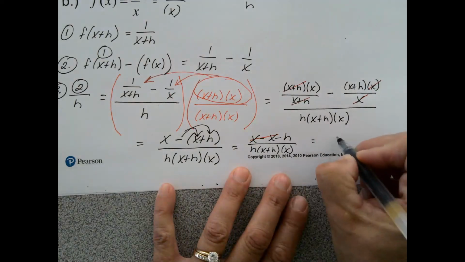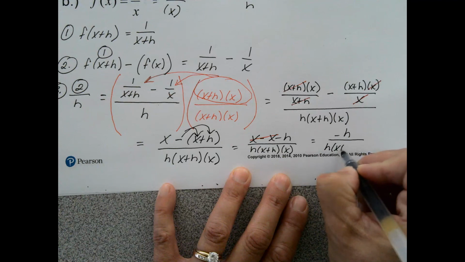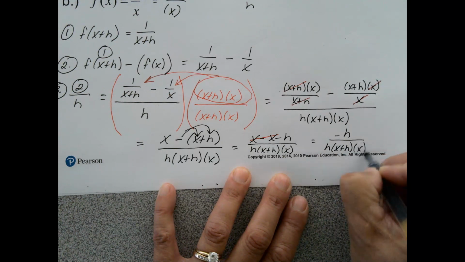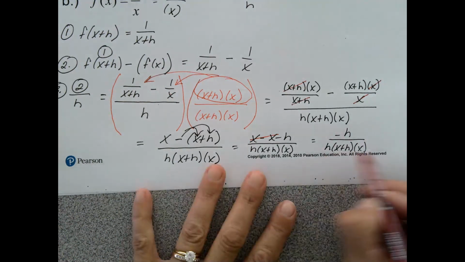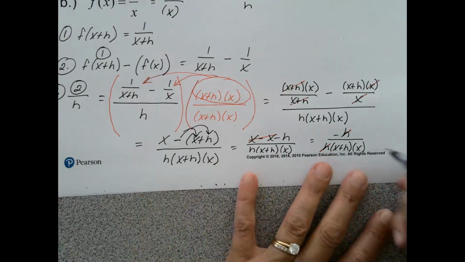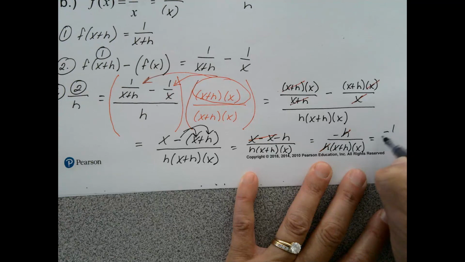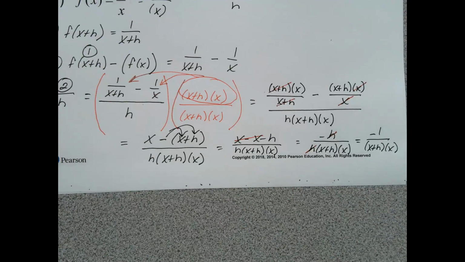I'm left with a negative h over h times x plus h times x. One more simplification. Everything up top has an h in it, and everything on the bottom is multiplied by h. So that h and that h do cancel, and I'm left with negative 1 over x plus h times x. And that's the final answer on that one.